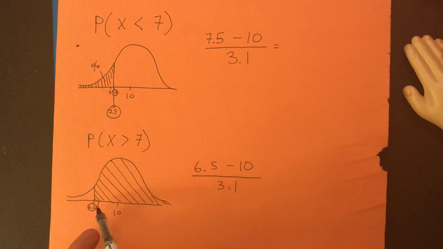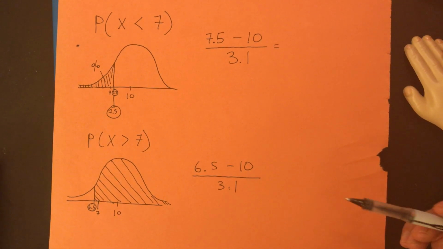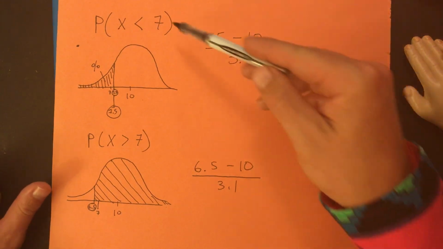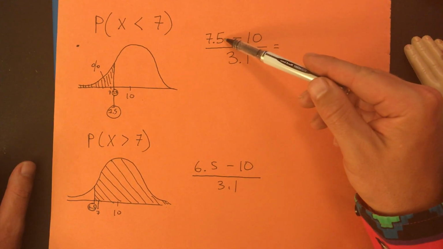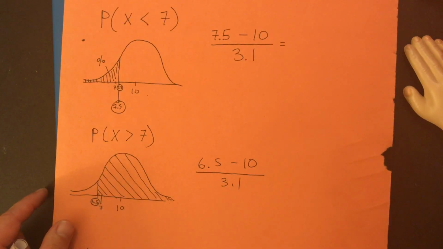Now we want to make sure that the decimals to the left of 7, in between 7 and 6.5, that those would get included on 7. So rather than start with 7 in our formula, we start with 6.5, and you do everything else the same. Find the z-score, find the percent, minus the percent from 100 because we're wanting to the right here for this one. So notice, this one's 7, but notice how we start with 7.5 when we're looking percent to the left, and 6.5 with percent to the right.